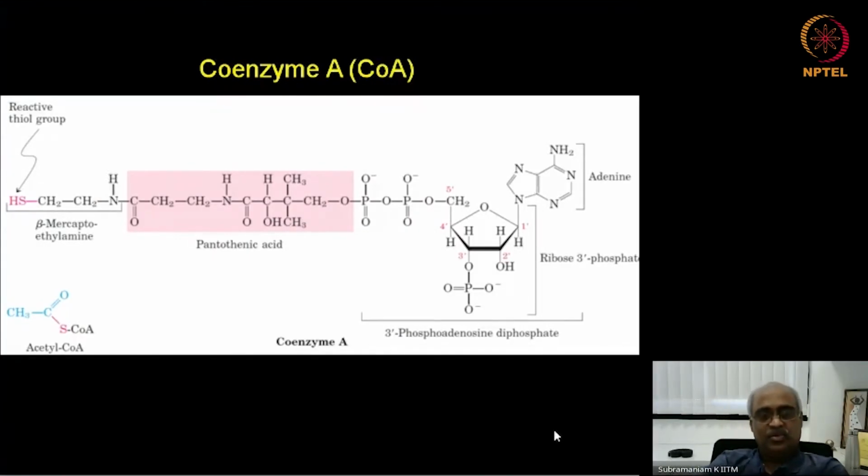And this is the 4th one, pantothenic acid, highlighted in pink here. This is an important B complex vitamin. Just like the thiamine's absence has serious consequences, often death, very similar things will happen if you don't have pantothenic acid.